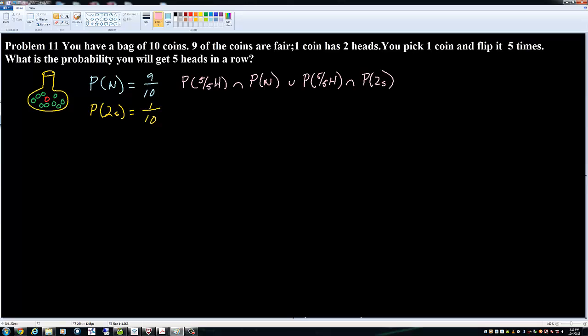The total probability will be the sum of either getting 5 out of 5 heads picking the normal coin or getting 5 out of 5 heads picking the two-sided coin.